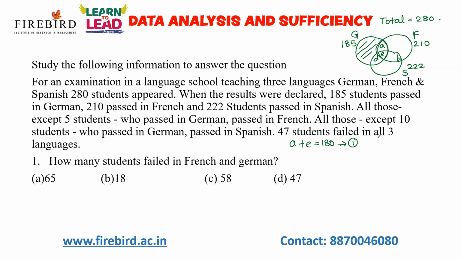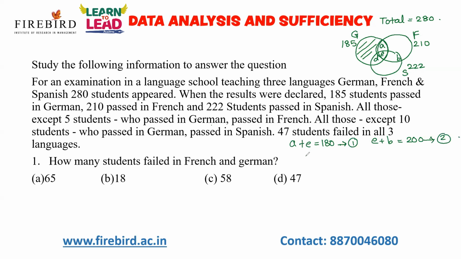And next one, all those except 10 students who passed in German passed in Spanish. E plus B together represents 200. Take this as second equation.